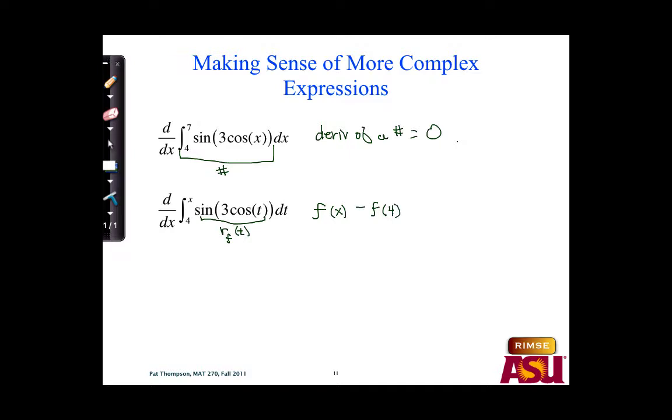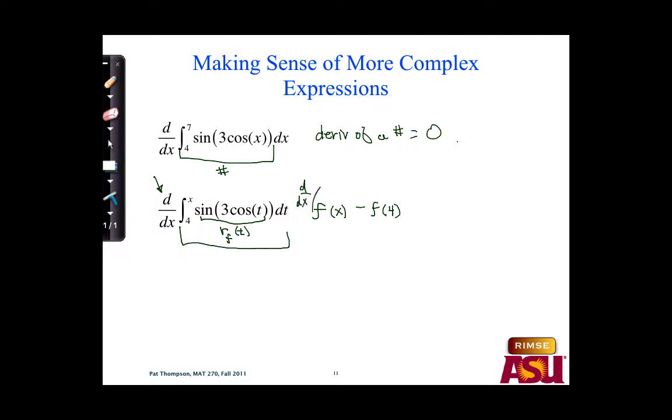So this part of it is f of x minus f of 4, symbol-wise. Now, if I want to take the derivative of f of x minus f of 4, well, the f of 4 part is just like above. How do I take the derivative of f of x?